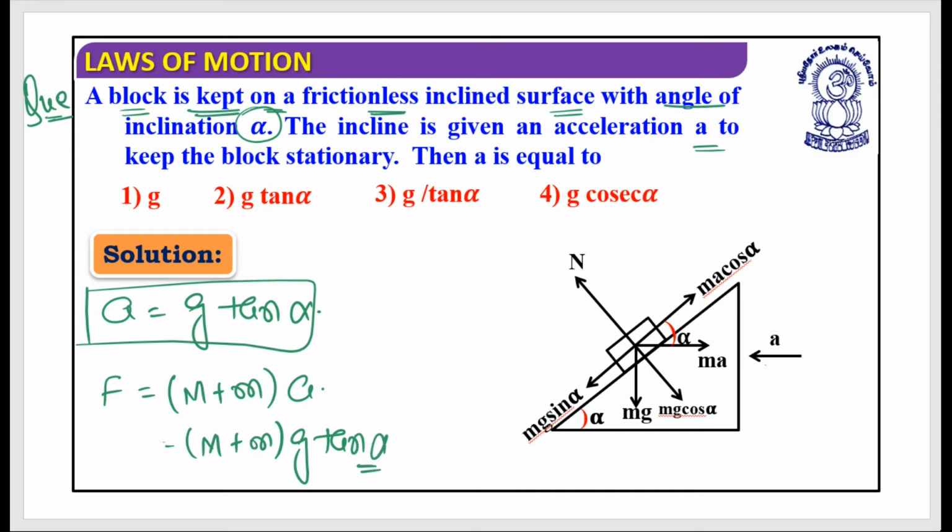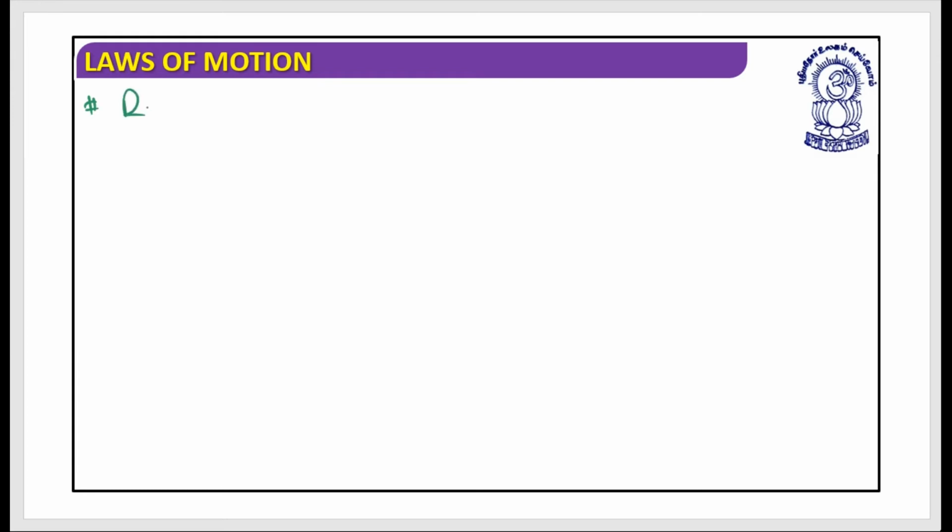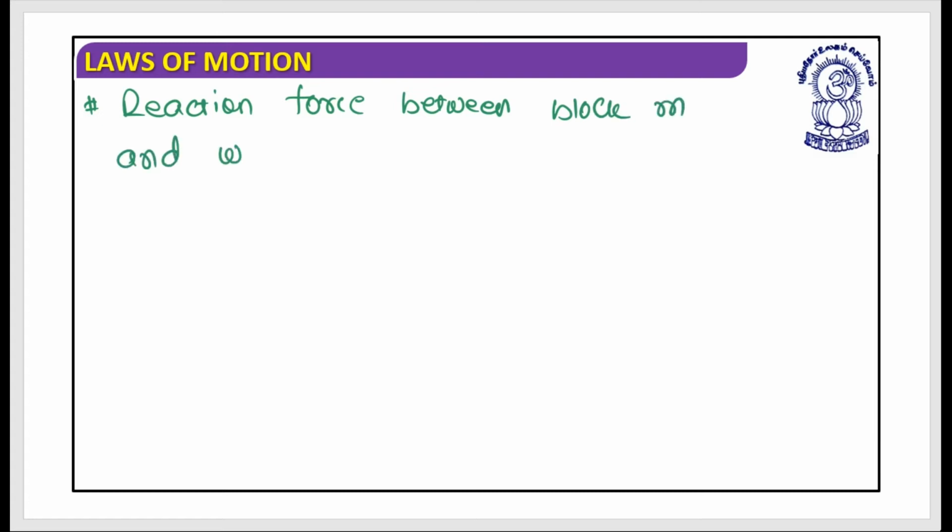One more thing: the reaction force between block m and wedge M is, let's say, R, and it's mg by cos theta. So R is equal to mg, sorry, this is mg by cos theta. So you need to remember these three things.